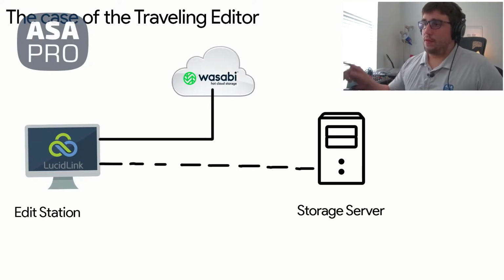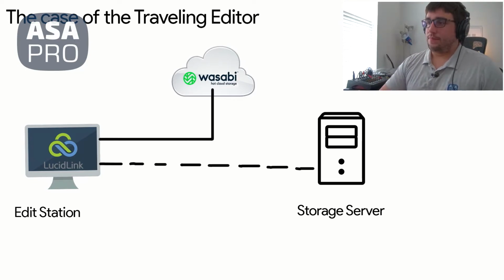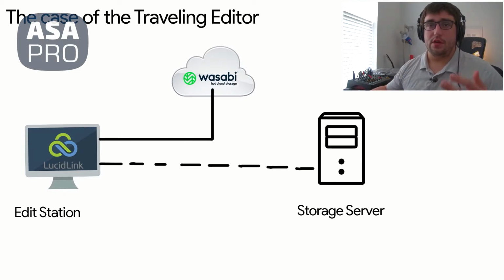They might be in two places in one week and then come back to the office. There's a lot of different scenarios, but the way that they're doing that is through a program called Lucid Link.